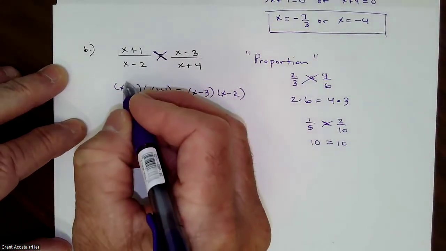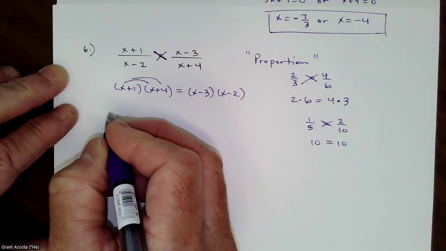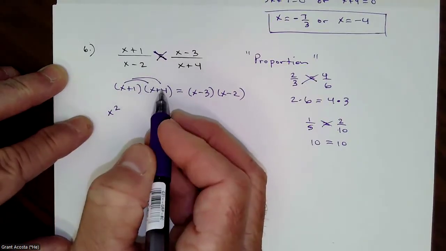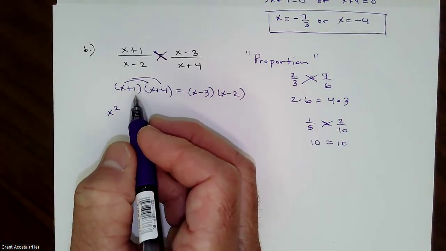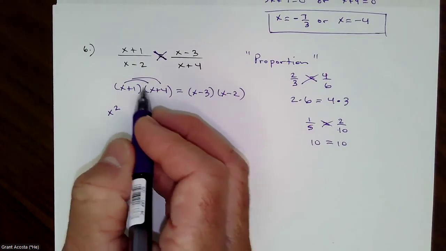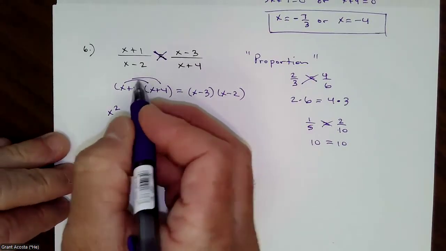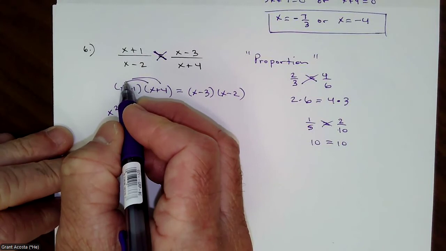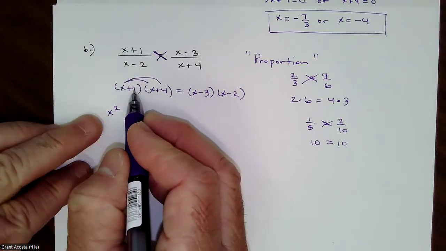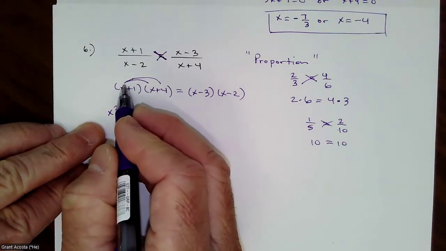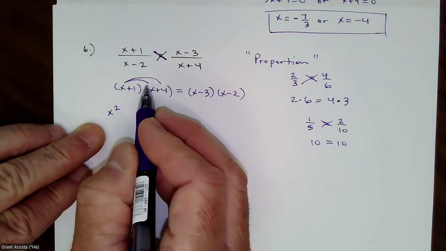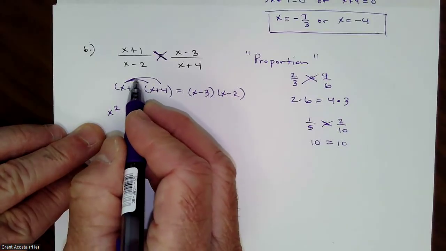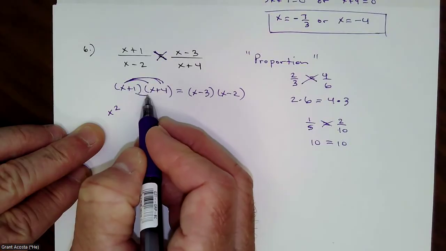And then if I distribute this out, now that you've been doing some algebra and multiplying polynomials together, you may have picked up on something that can save a little bit of time, is when you have a binomial times a binomial, the first term is going to be x squared, but the two terms next will combine. They're like terms.